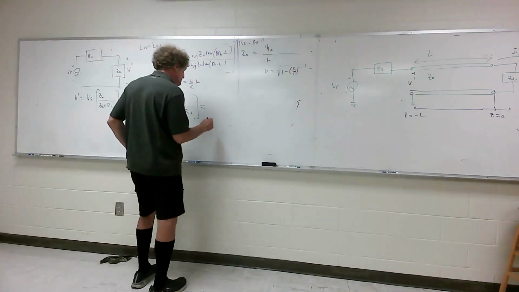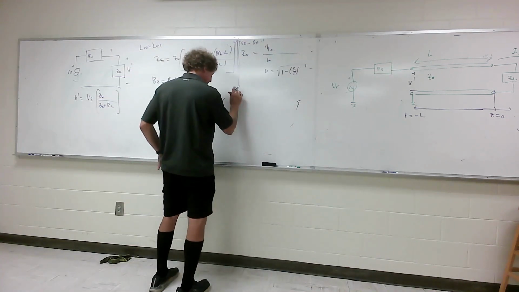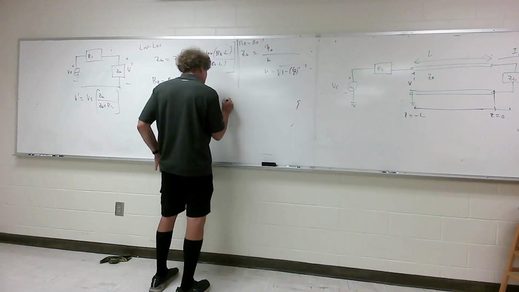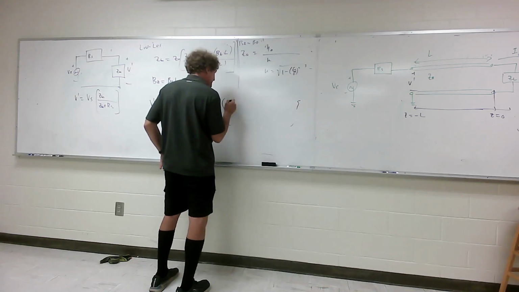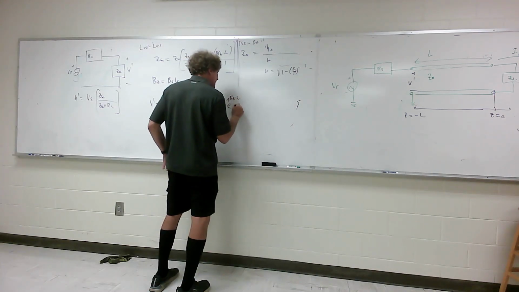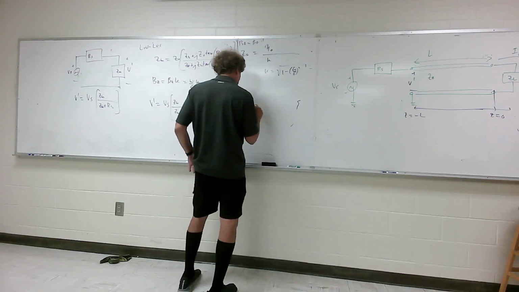And that has to be equal to V0 plus, and here you're going to have e. Now normally it's minus j beta Z, but here it's going to be plus j beta Z times L, plus the reflection coefficient at the load, and it's going to be e to the minus j beta Z times L.